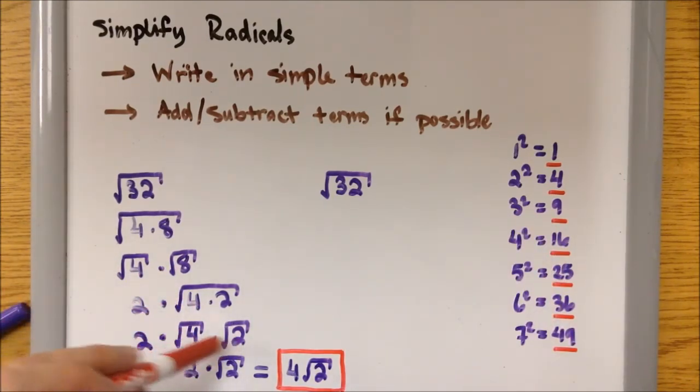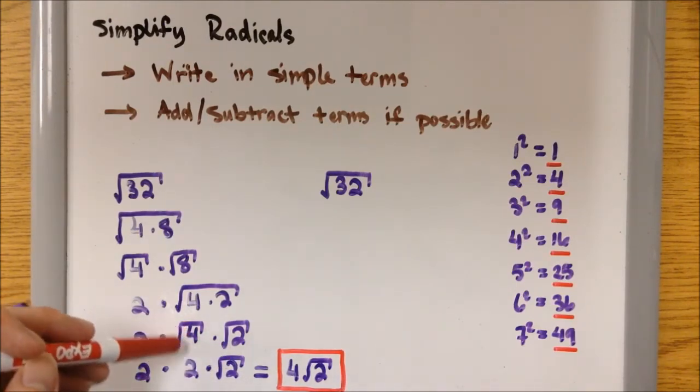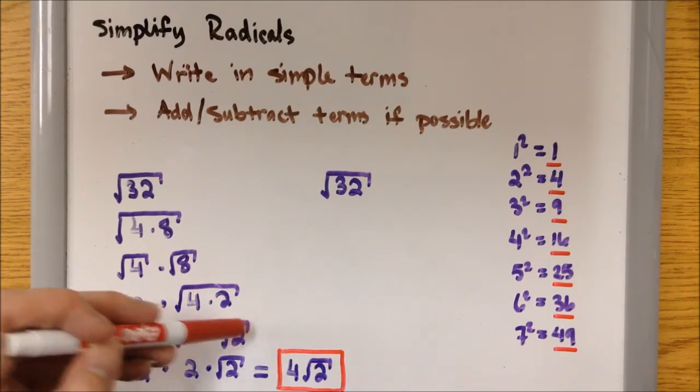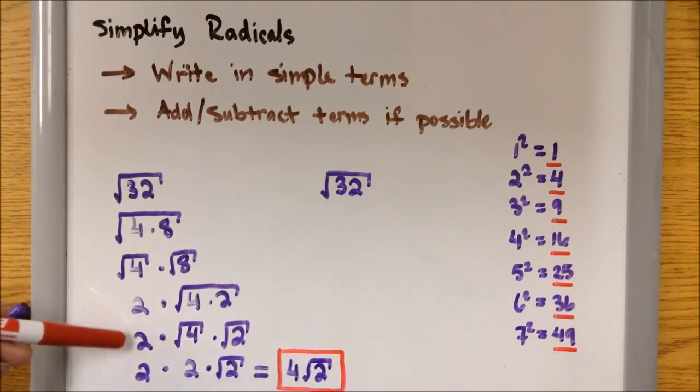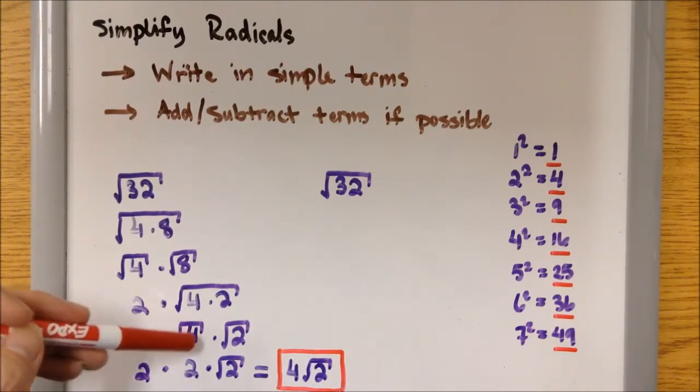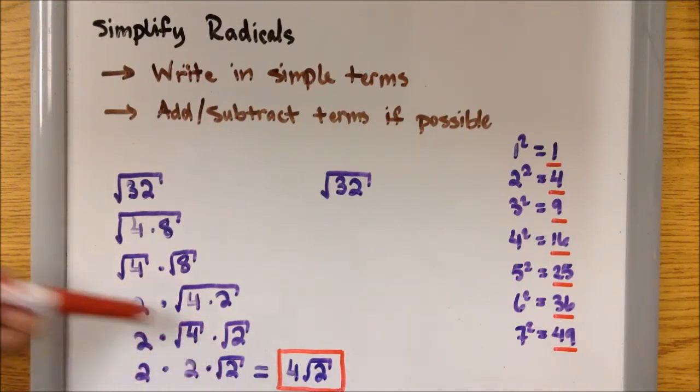And then I separate the 2 factors while I bring down the 2. So now here we have square root of 4 times square root of 2. At this point, we can do the square root of it, which is 2. So I'll bring down the 2. I did the square root of 4, which is 2. I bring down square root of 2 to here, and then I multiply. So 2 times 2 is 4. 4 times square root of 2 is just 4 square root of 2.